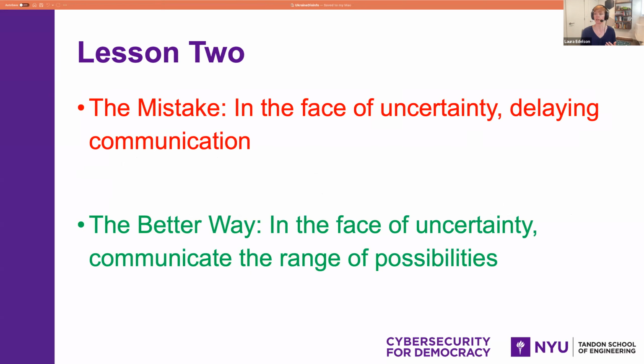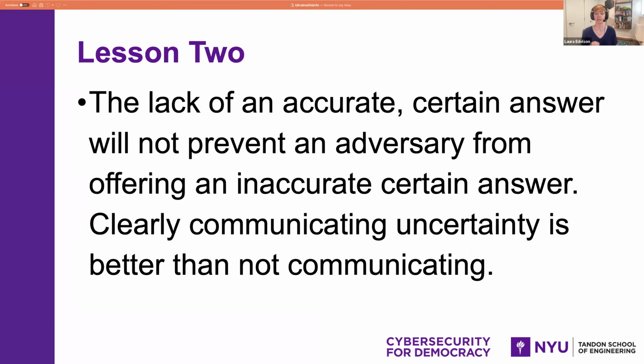But the better way is that in the face of uncertainty, while you cannot communicate certainty, what you can do is communicate the range of possibilities. The lack of an accurate, certain answer is not a barrier for adversaries. They will offer an inaccurate but certain answer. Clearly communicating uncertainty is better than not communicating, and it's often the best we can do in uncertain circumstances.